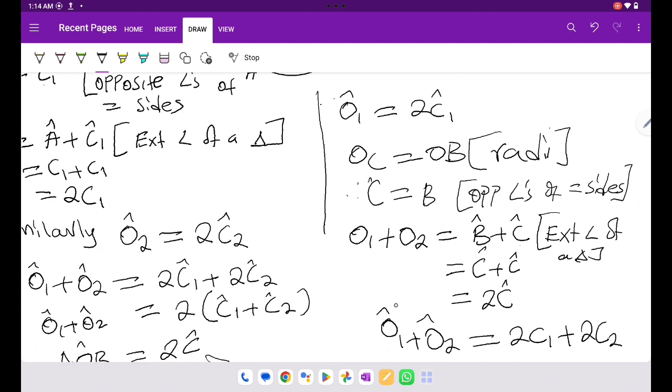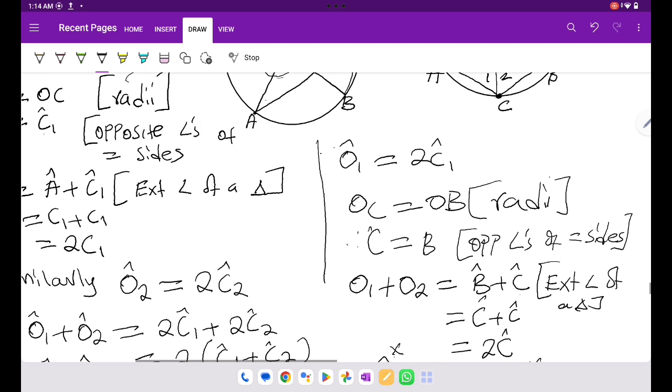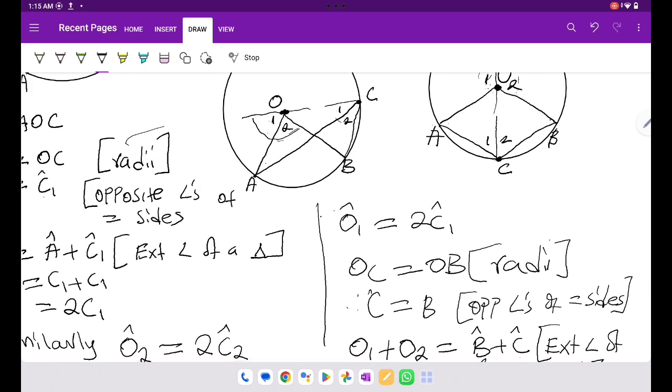So in other words, this angle O1 here equals 2C1. Therefore, we can conclude that the remaining angles are also equal. It means if this statement equals this one and this first part equals this first part, therefore we will conclude that O2 also equals 2C2. Now, O2 is our angle AOB.